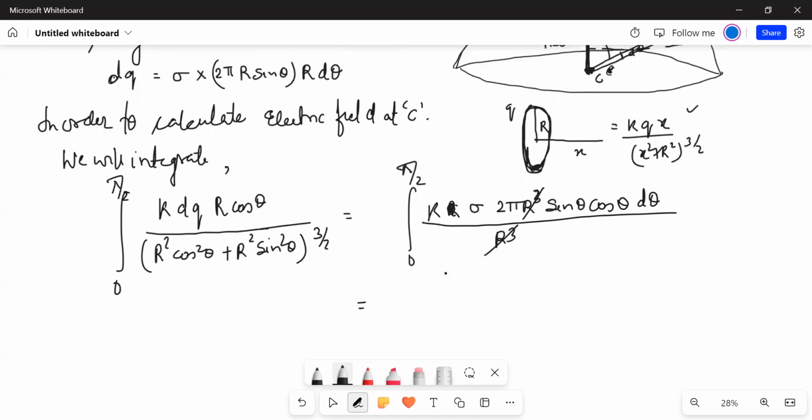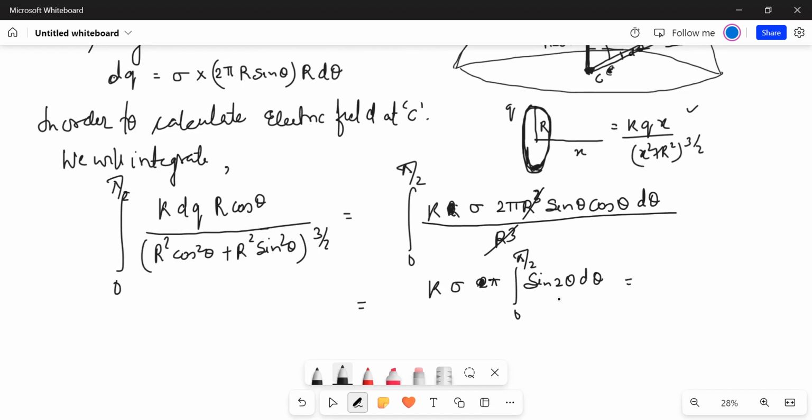So I think this will be k sigma 2 pi, and this sine theta cos theta I can write as sine 2 theta by 2, d theta, and this 2 I'll absorb, from 0 to pi by 2.